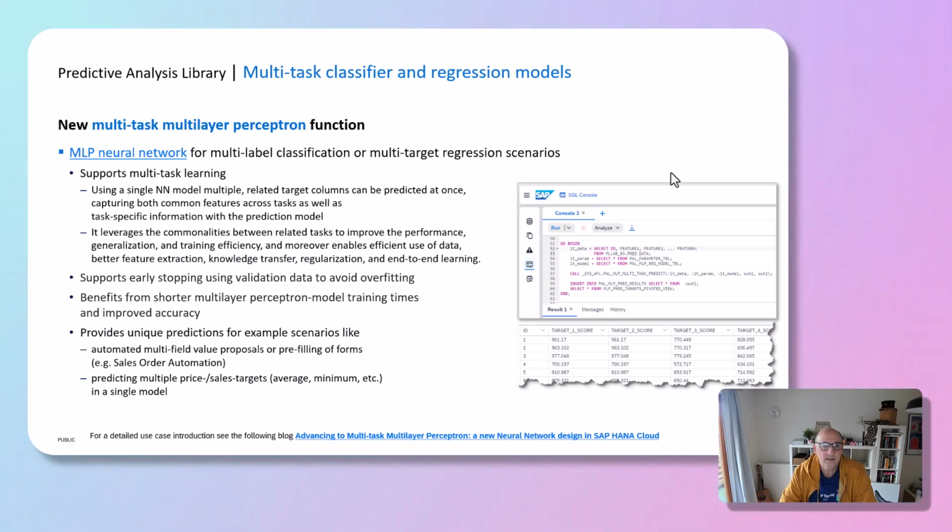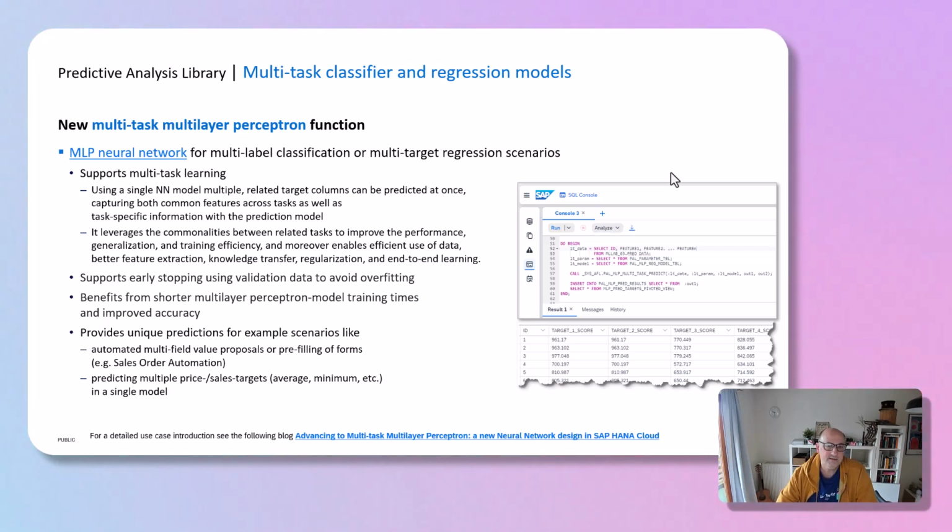And the nice thing is that as we have multiple target columns, the neural network architecture is able to capture common information or common features across targets, as well as the ability to select prediction-target-specific information as part of the model.